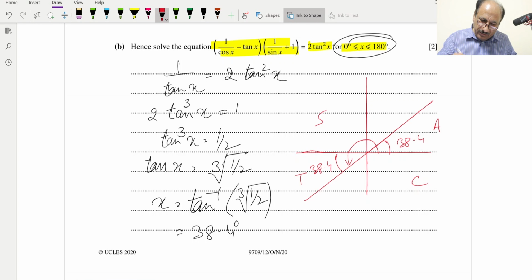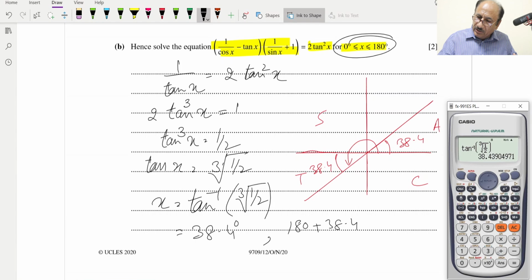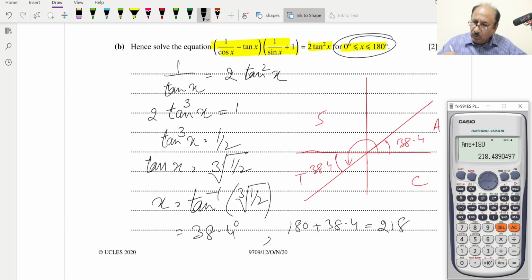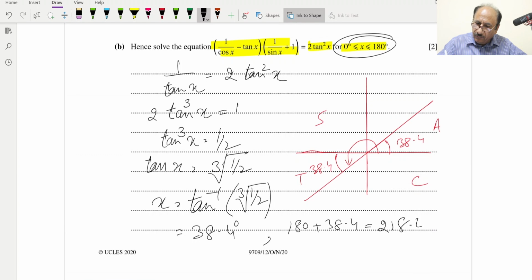To find the second angle we will write 180 plus 38.4, which will be equal to 218.4. But the range is from 0 to 180, so we will leave this angle. We will not be taking this angle, so our answer will be the one we have found over here.